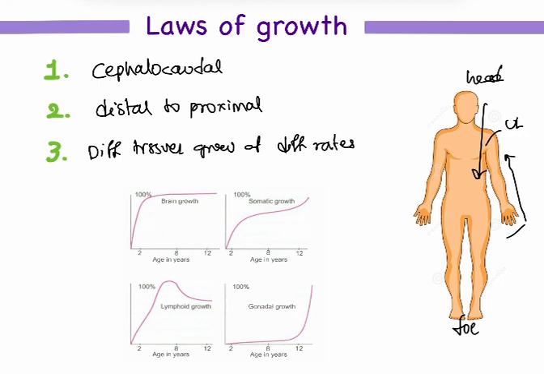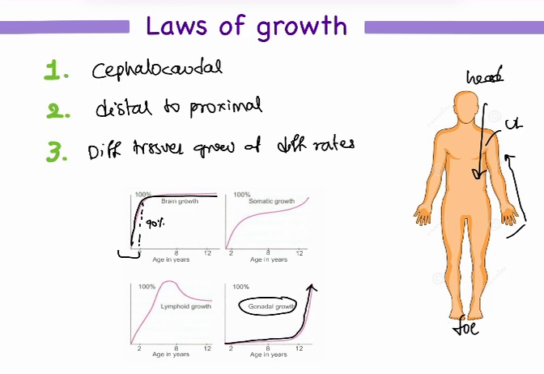Let's see brain growth. The brain growth occurs in early period. That is, it reaches 90% of adult weight by 2 years. Conversely, the gonadal growth occurs in puberty.